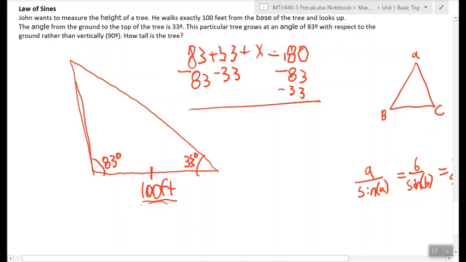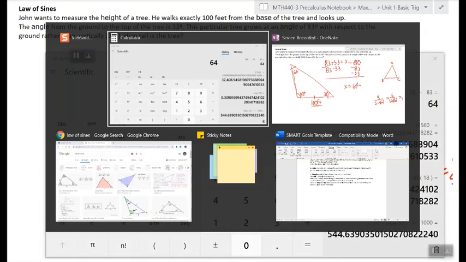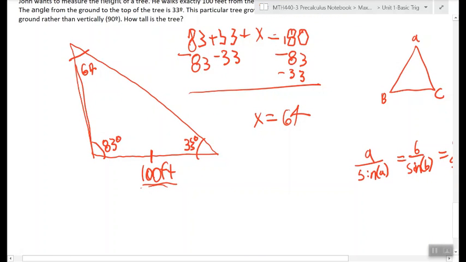We get 64. So x equals 64, and I'm going to double check that in the calculator just to make sure. Yes, okay. So now that we have that, we're trying to find this. This is our final x.